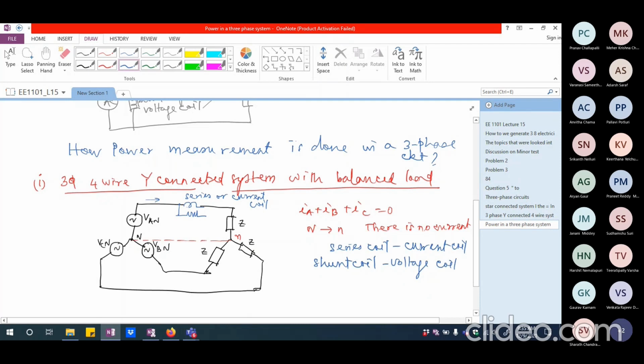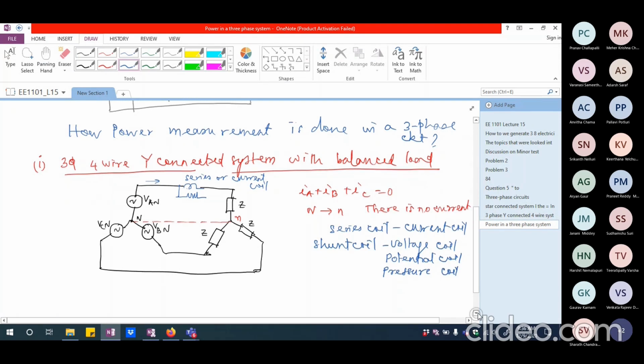So it will not carry any current again. It will carry hardly any current, whereas series coil will have hardly any voltage drop. Okay, so this voltage coil, or I can call this potential coil. Sometimes this is also specified as pressure coil. So we can call it by one of these three names.